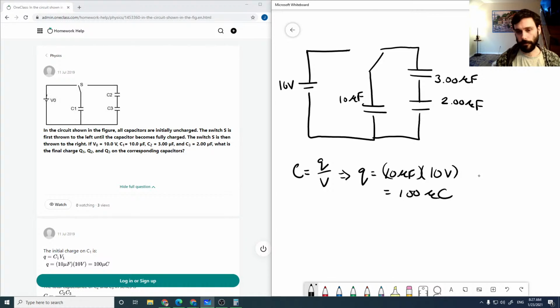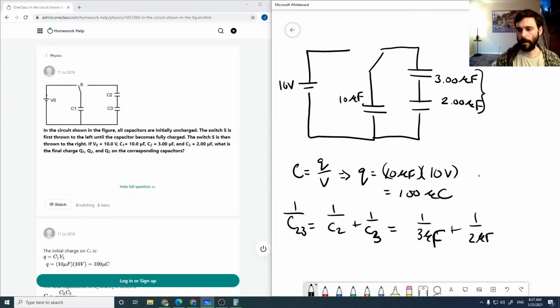So we first need to figure out what the net capacitance is here. So 1 over our C23 is 1 over C2 plus 1 over C3. For capacitors in series, this is how we add them. So this is 1 over 3 microfarads plus 1 over 2 microfarads.